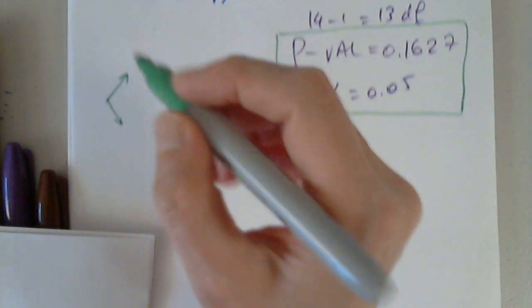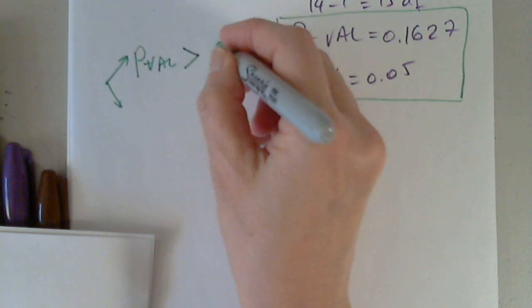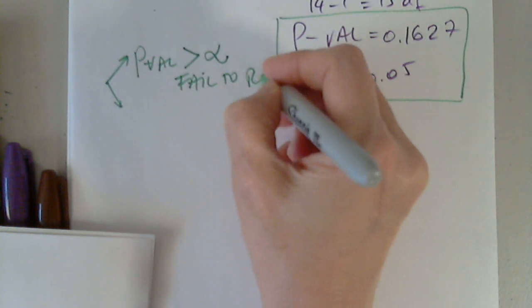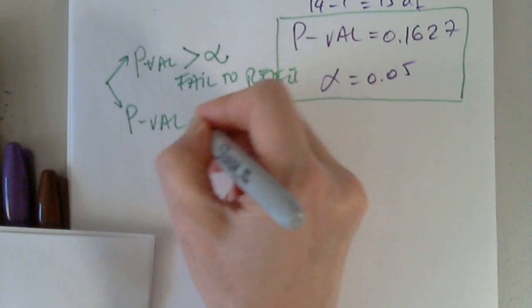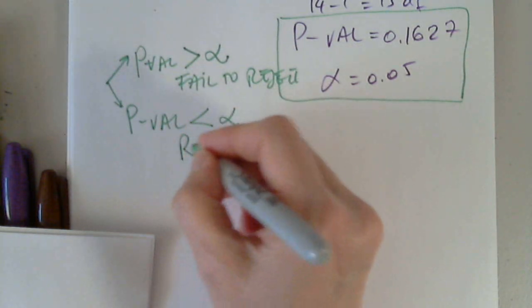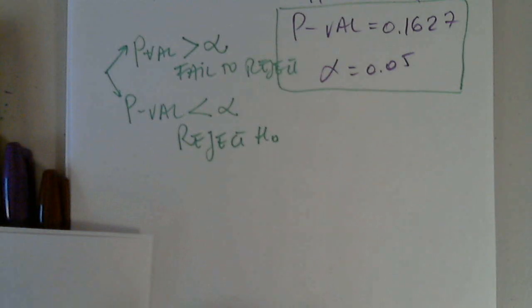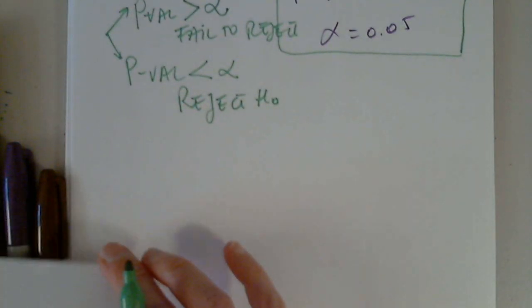If the p-value is greater than alpha, we fail to reject. If the p-value is less than alpha, we reject. So then, which one is it?